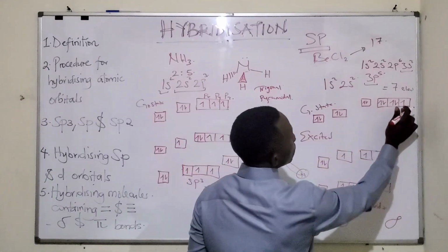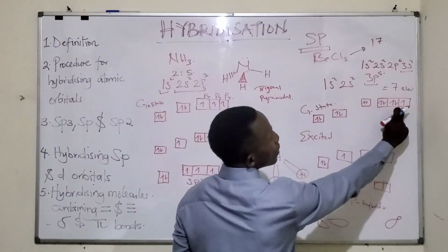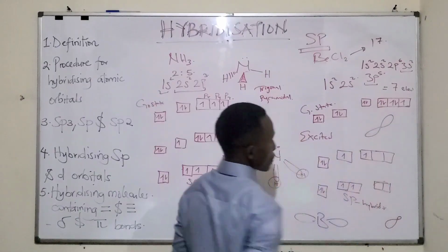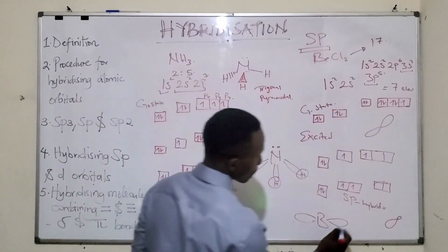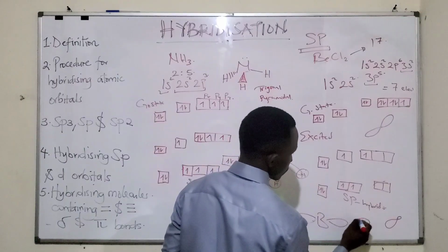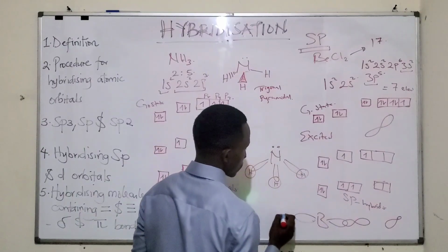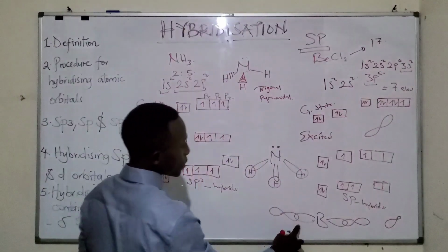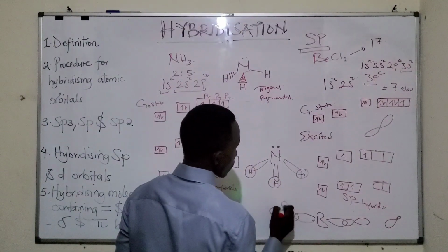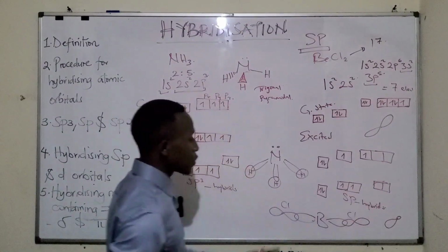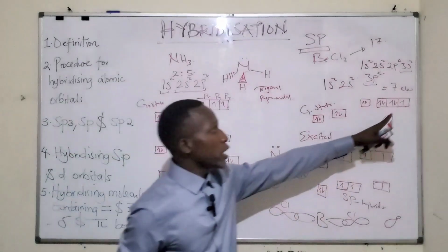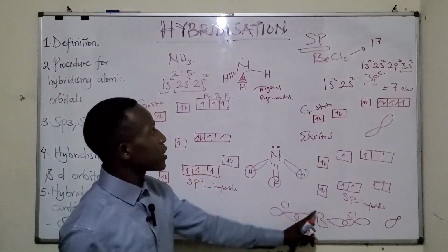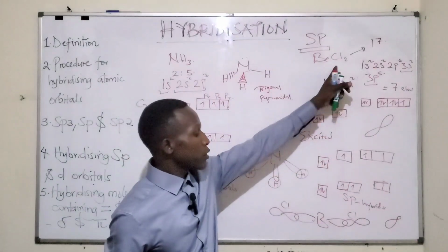And remember the shape of the p orbital, the p orbital electrons, they're like this. So here we shall have this. So this is chlorine, using its electron from the p orbital. So this will be the hybridization of beryllium chloride.